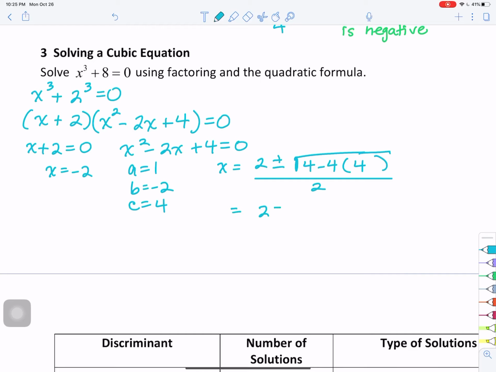So we have 2 plus or minus the square root of 4 minus 16 all over 2. We're getting there. 2 plus or minus the square root of negative 12 over 2.